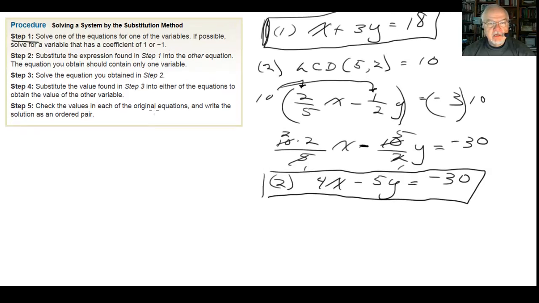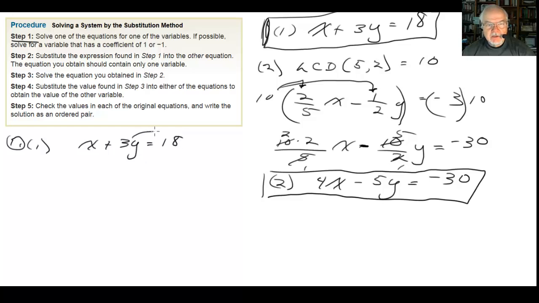Step number 1, solve one of the equations for one of the variables. If possible, solve for a variable that has a coefficient of 1 or minus 1. Well, that's going to be this guy right here. So step number 1, equation number 1, and we're going to solve for x. The equation is x plus 3y equals 18.